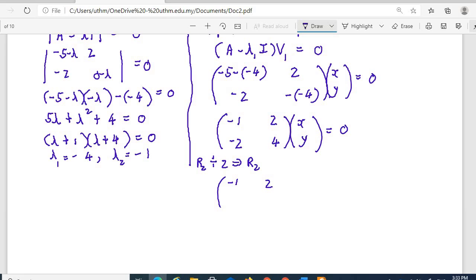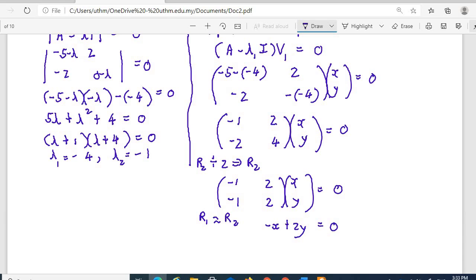Second row divide by 2: negative 2 divide by 2, you have negative 1, 4 divide by 2, you get 2. So x, y equal to 0. You see row 1 is actually equivalent to row 2, they are actually the same. Meaning 2 unknowns, you just left with one equation which is negative x plus 2y equal to 0.